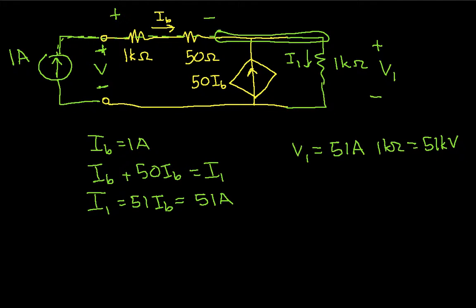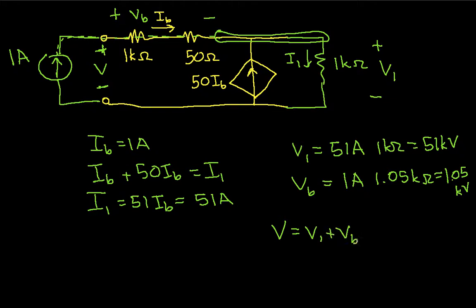The voltage, let's call it VB, this voltage here, is going to be 1 amp, IB, times 1.05 K ohms, which is 1.05 kilovolts.